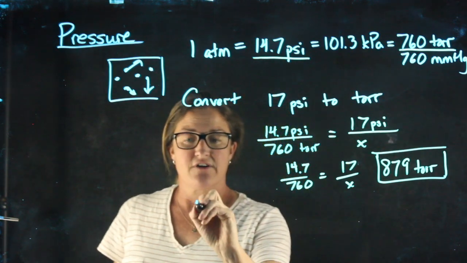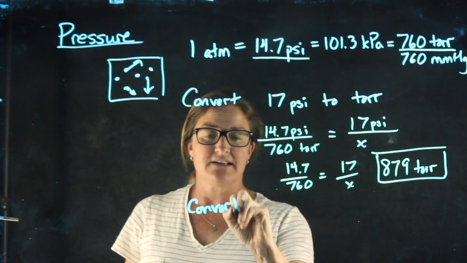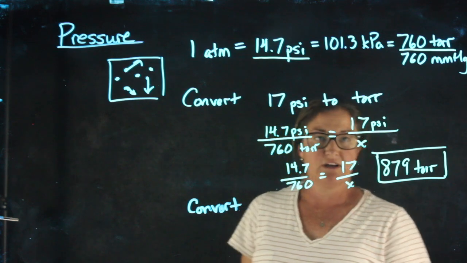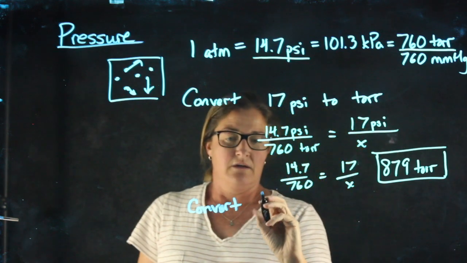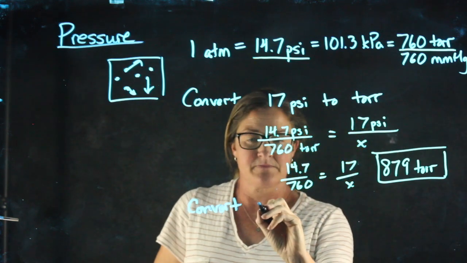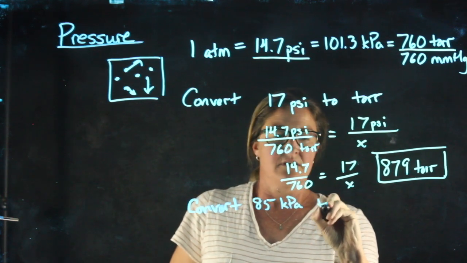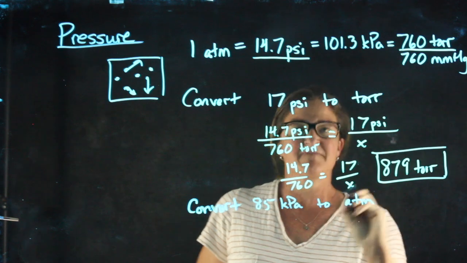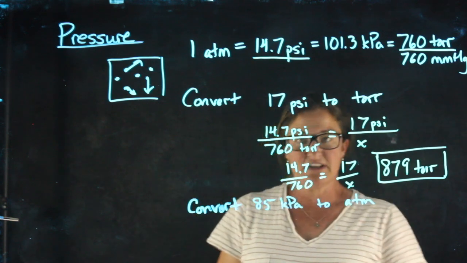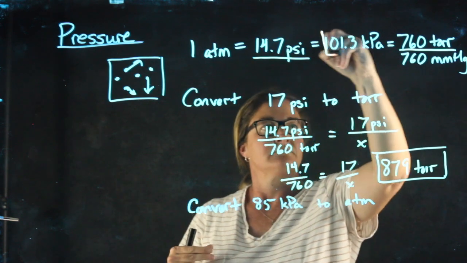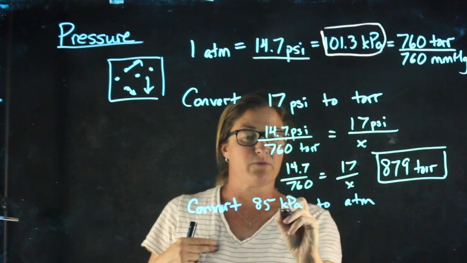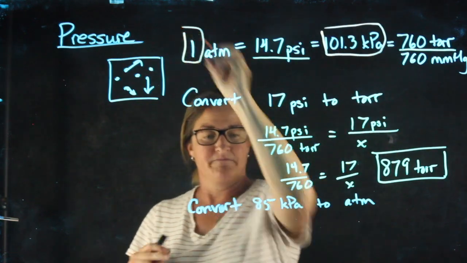If I wanted to convert a second example here, suppose we wanted to convert 85 kPa to ATM, then the two numbers I'd be using for this example are the 101.3 and the 1.